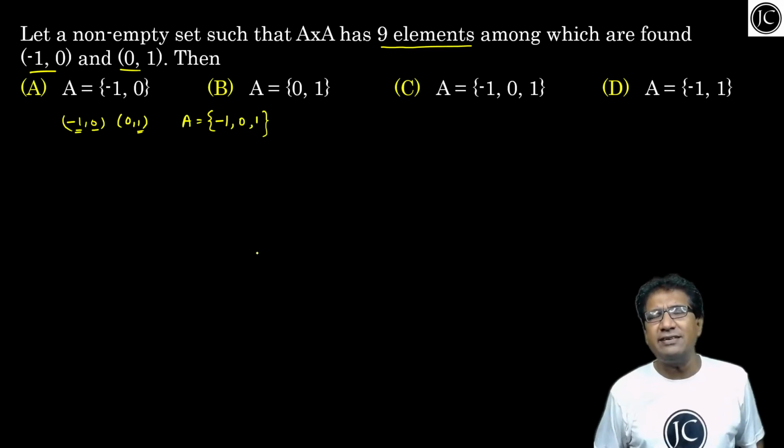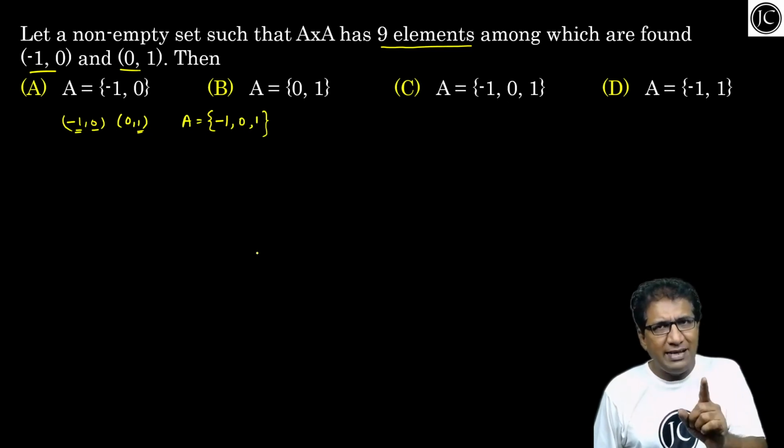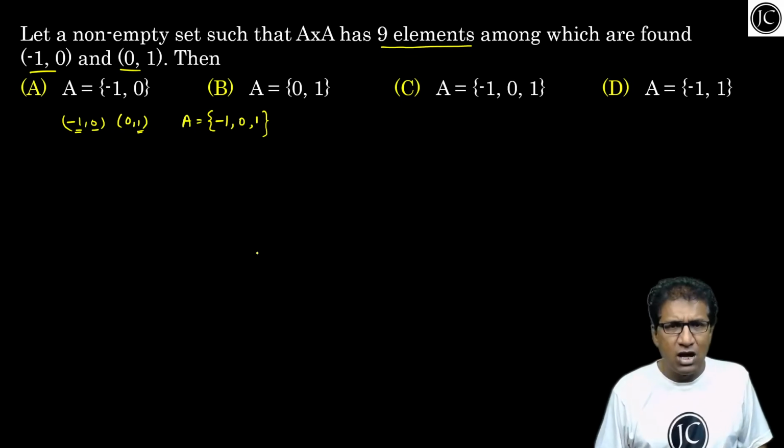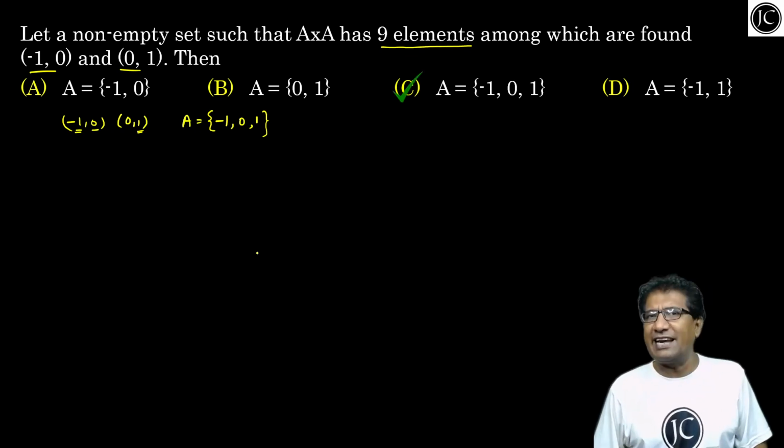Therefore, your set A will contain -1, 0 and 1, ये तीनों एलिमेंट। Hence, option C is correct. Okay?